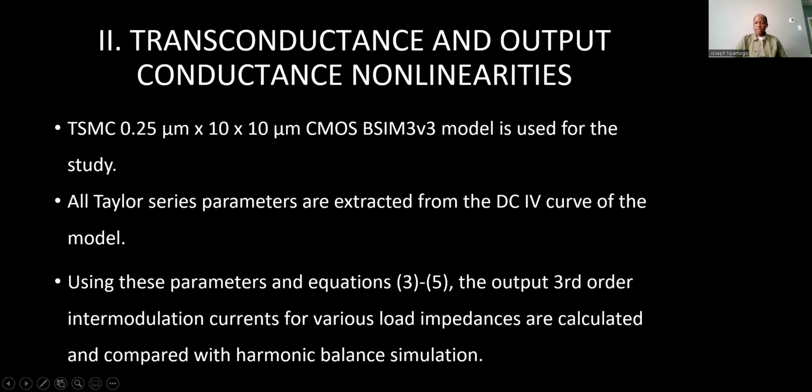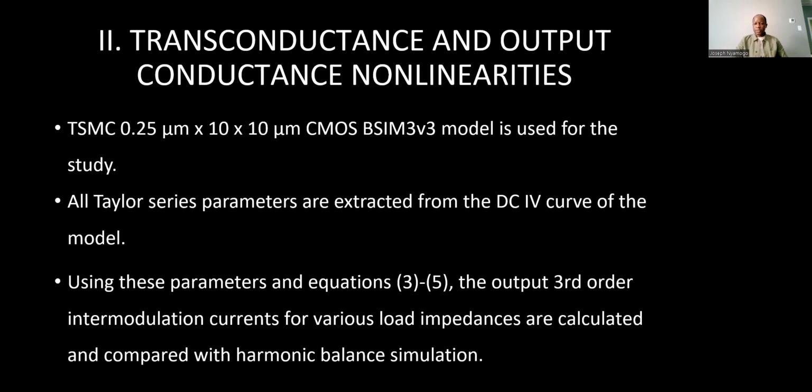Transconductance and output conductance nonlinearities. A TSMC 0.25 micrometer by 10 micrometer CMOS BSIM3 model is used for the study. Multi-bias parameters are extracted from the DC IV curve of the model.